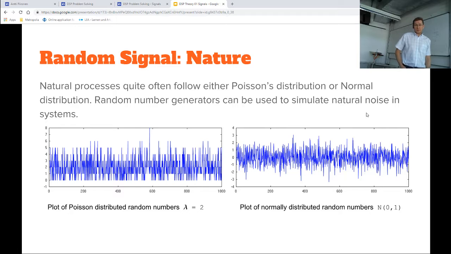And natural processes. You actually have two random process models. One is the Poisson distribution, meaning rolling the dice, or the normal distribution.